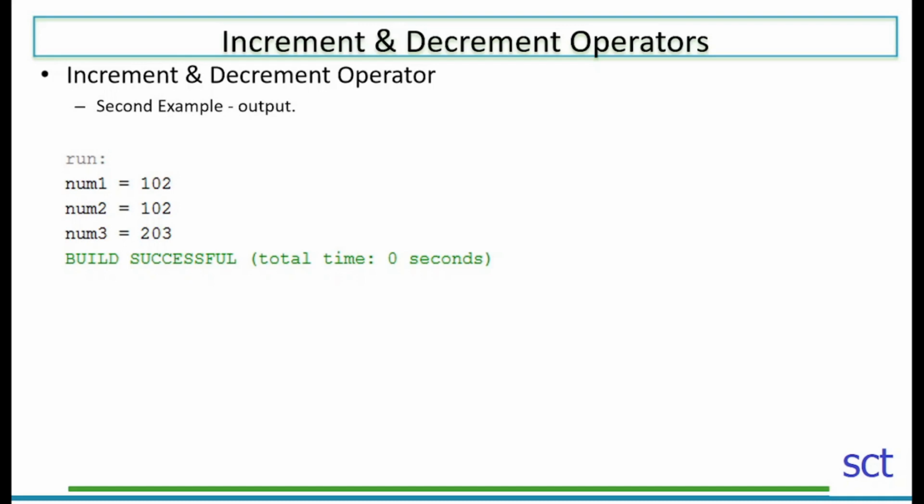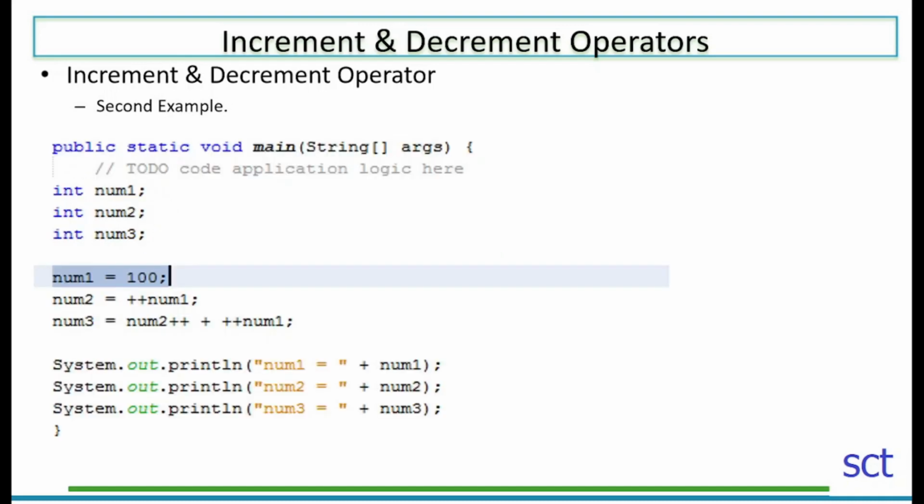Let us understand how this is going to come. Okay. So whenever I am saying number1 is equal to 100, it is a straightforward assignment. The value 100 is going to be assigned to number1. Number2 is equal to plus plus number1, which means that whenever I say number2 is equal to plus plus number1, first 1 will be added to number1, then it will be assigned to number2.